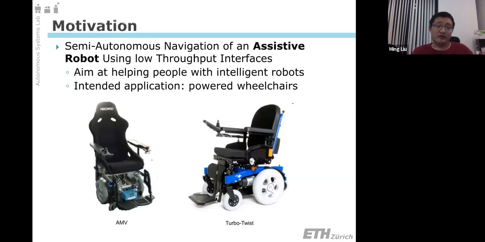So the overall motivation is we have a semi-autonomous navigation system for a wheelchair. This wheelchair can take a low throughput interface. The low throughput interface in this special example is called BMI, brain-machine interface.